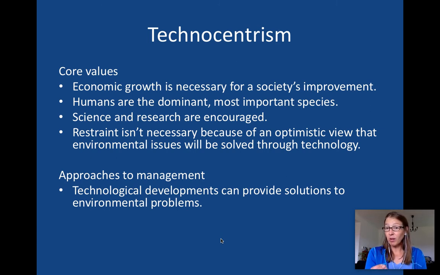And you'll even be asked to justify which you think would be the most pragmatic approach, what would be the best way to solve the problem. And your answer might be all three, or it might be more heavily weighted on one or the other, depending on what your worldview is and how well you can justify.